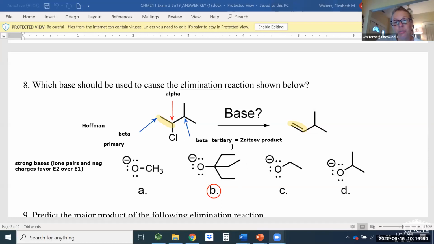You have huge groups on the end: a 3-carbon group here, a 2-carbon group, a 2-carbon group. Methoxide is small. Ethoxide is small. Isopropoxide is smaller than this. So you would pick the biggest, strongest base to give you the Hofmann product.